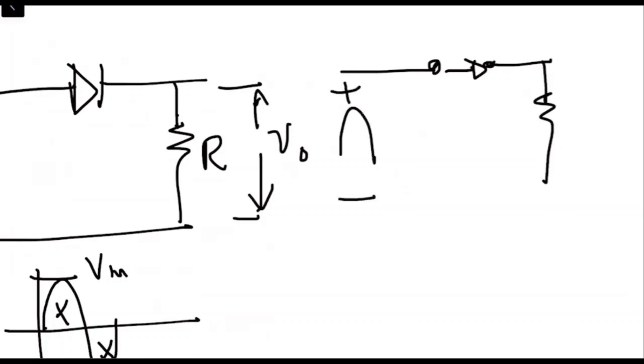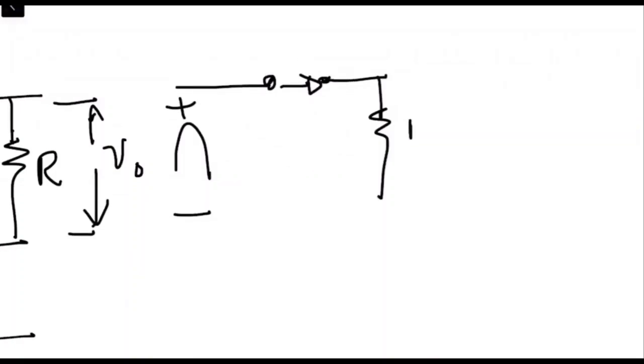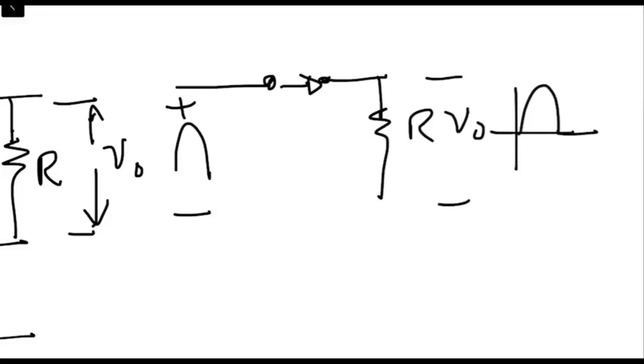So the output will be across R. V naught will also be a positive half cycle, right? Is it making sense?